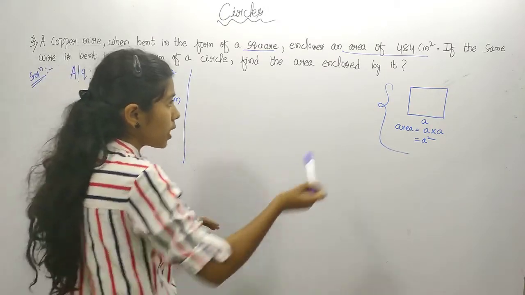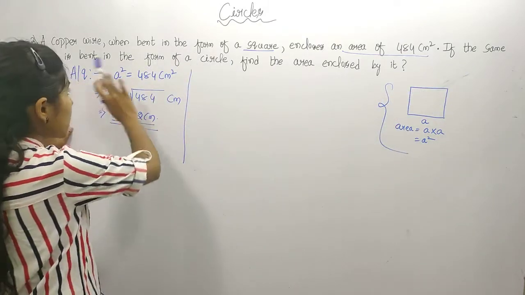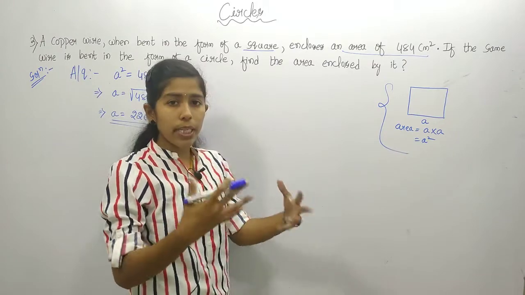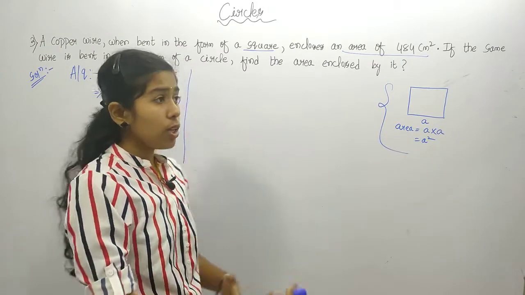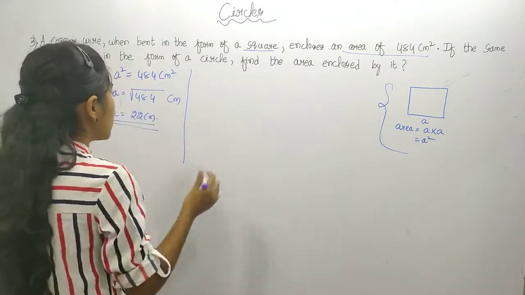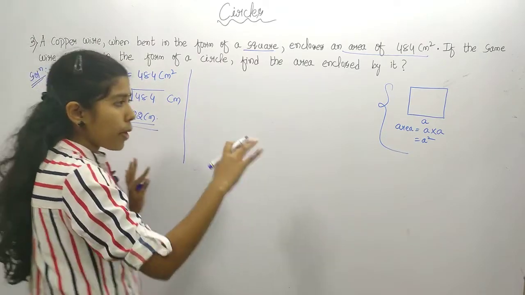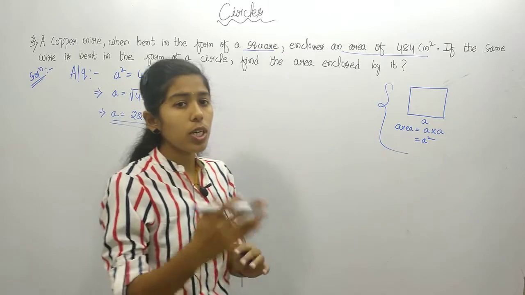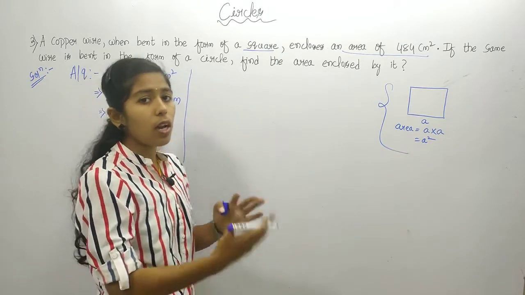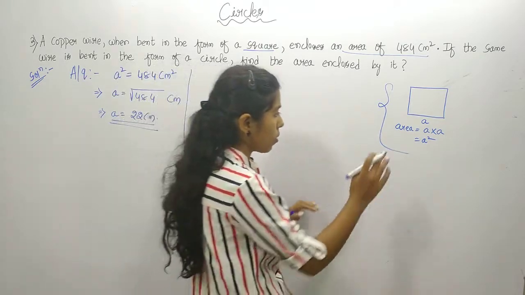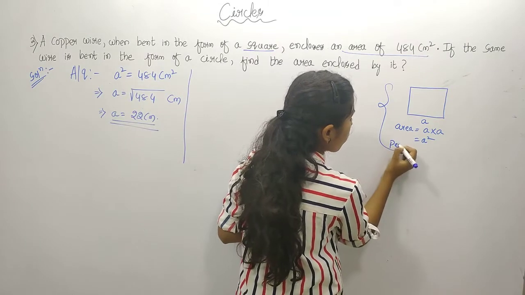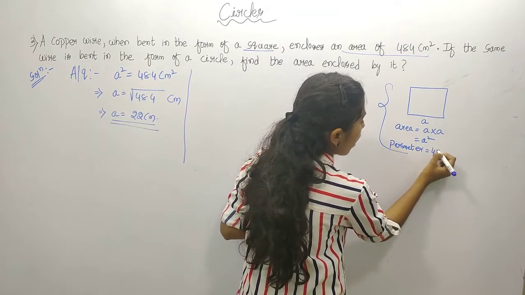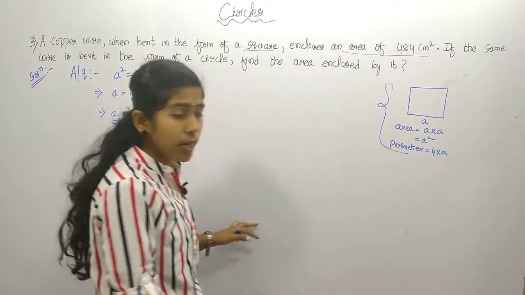Next, come to the question. It's given that the same wire is bent in the form of a circle. Now you have to bend the wire in the form of a circle. So how will you know? See, you have to find the perimeter of the square. So the perimeter of the square equals the circumference of the circle. The perimeter of a square formula is 4 into A. 4 into side is the perimeter of the square.